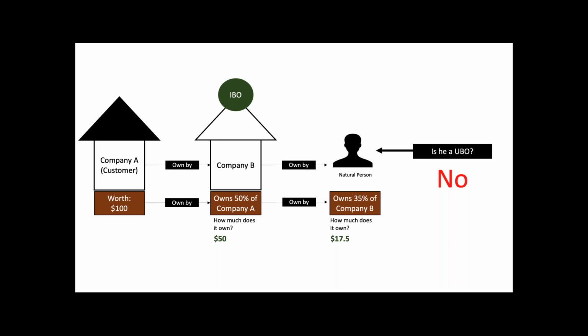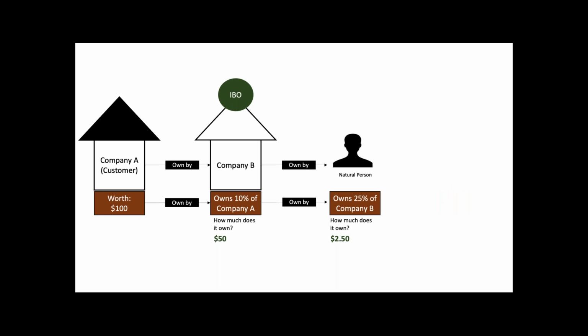So in this structure, there is no UBO, but we don't know where the UBO is. Now let's move forward. I'm sure you understand it better as we go forward, because I think you're getting there. Now, he's not a UBO because he owns less than 25% of company A indirectly. Why? Because he owns 17.5%.